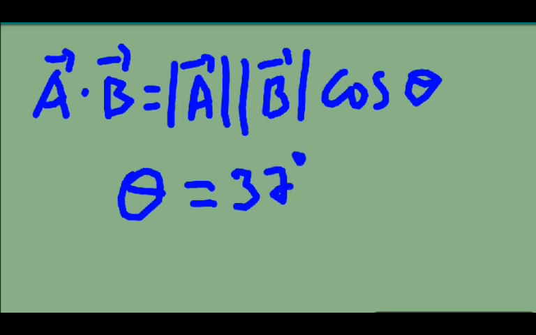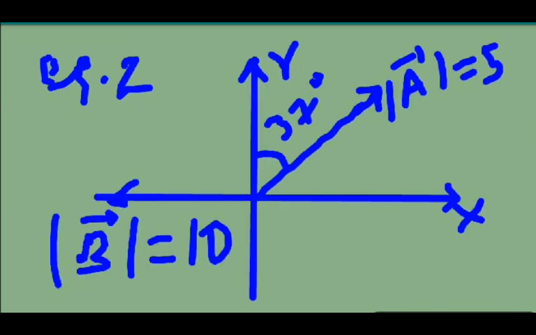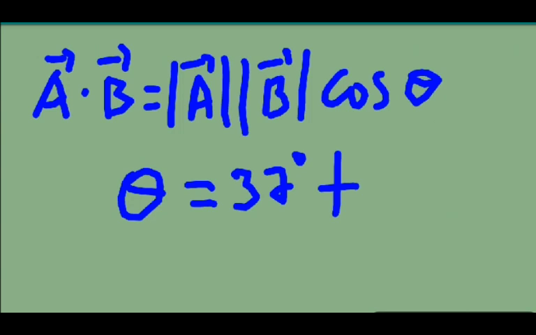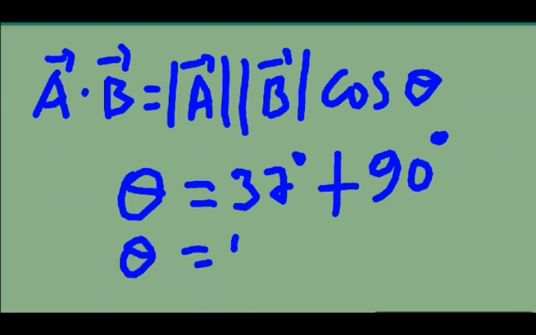We have 37 degrees, and between the y-axis and the x-axis there is also 90 degrees. So totally it becomes 127 degrees. So theta will be equal to 90 plus 37, which is 127 degrees.